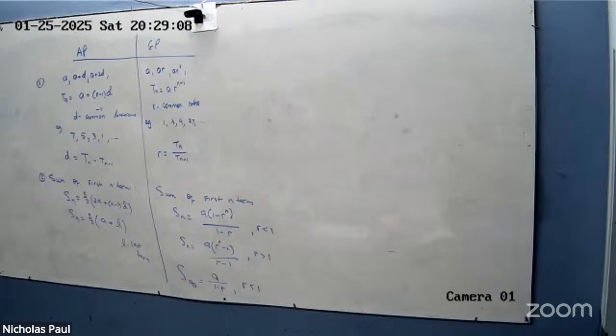With first term h and common ratio k, lowercase, has sum to infinity equal to 2h. Find the common ratio k.